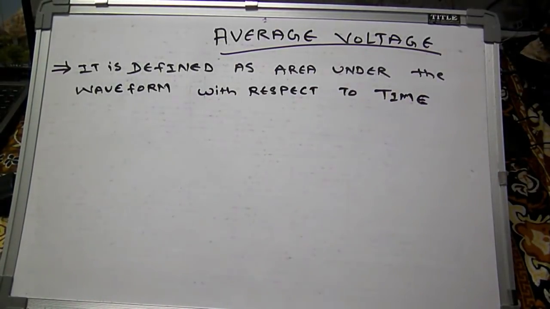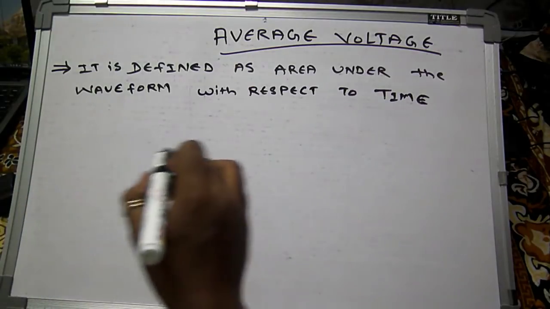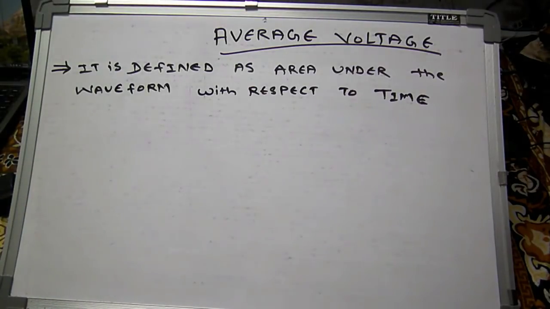So let's see what average voltage is, that is, what averaging is. It is defined as the area under the waveform with respect to time. What does this mean?